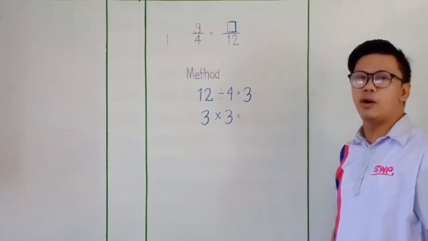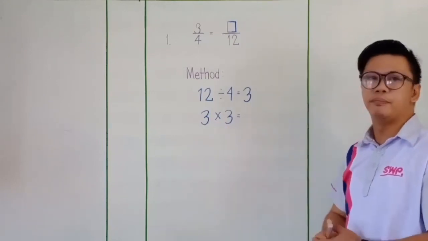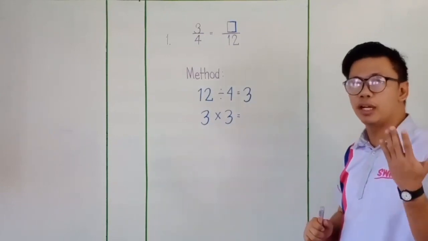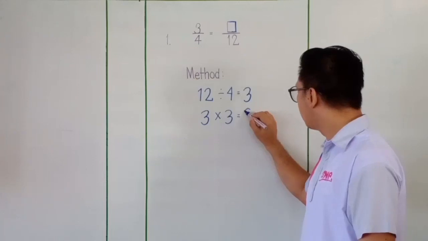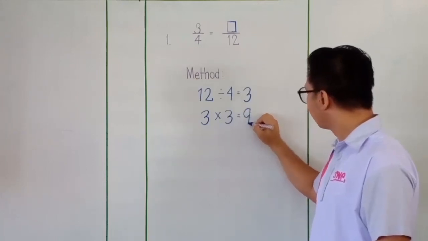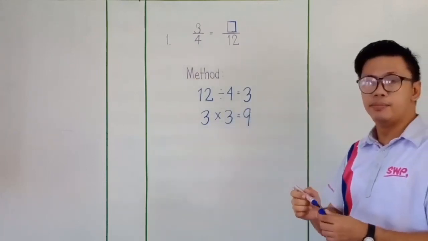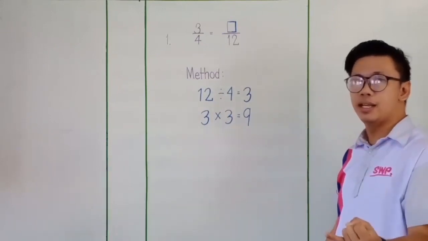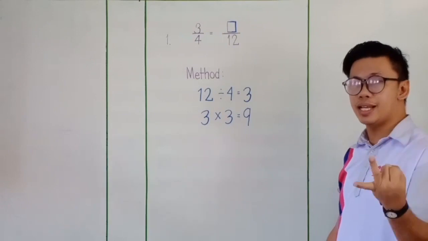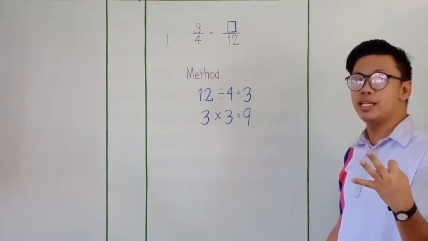So what will be our answer? 3 times 3. Again, what is our answer? 9. Very good. So we will write 9. Why 9? Because if we multiply 3 times 1 is 3, 3 times 2 is 6, 3 times 3 is 9.